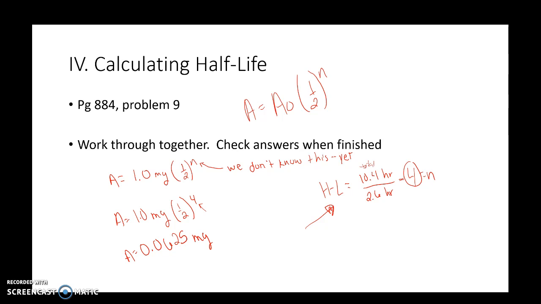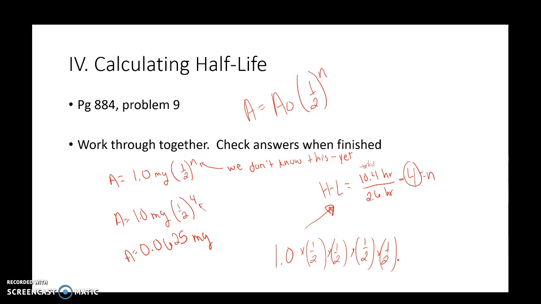So you can plug this into your calculator just as is, or if you're struggling with finding out how to put the caret 4 in, you can also do 1.0 times half times half times half times half.